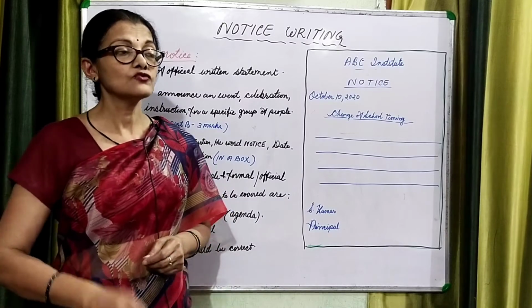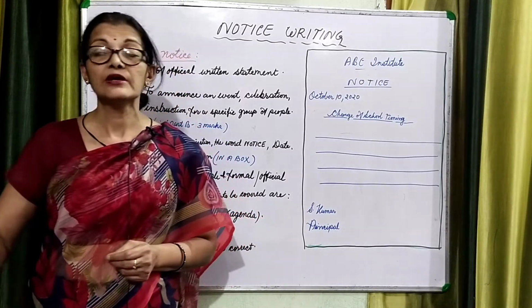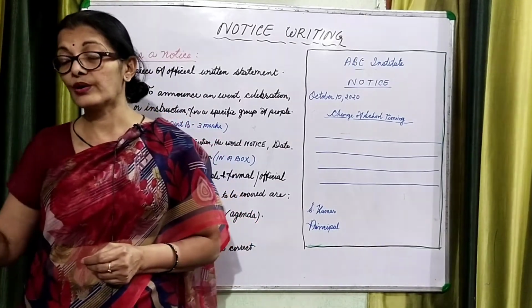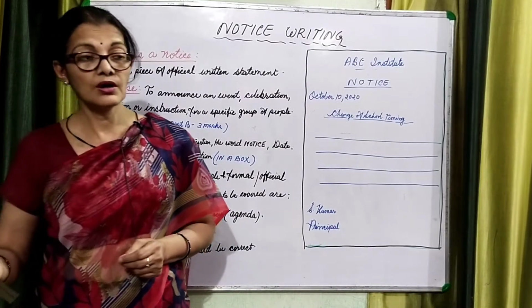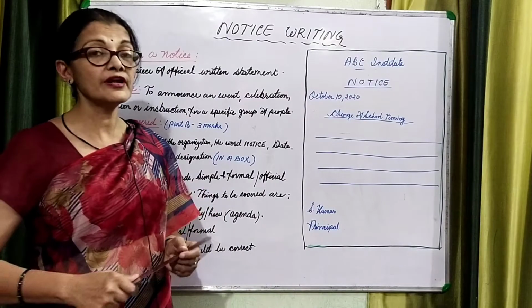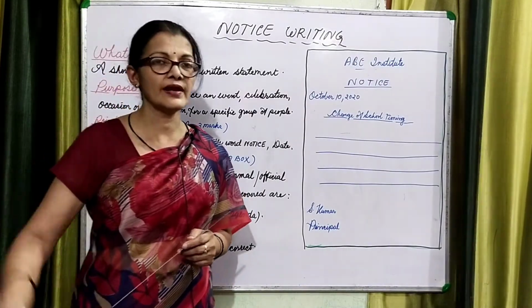So where will we put the notice? We will not put the notice anywhere in the garden or in any other offices, but in a prominent place where the children enter and can see it in the school campus.